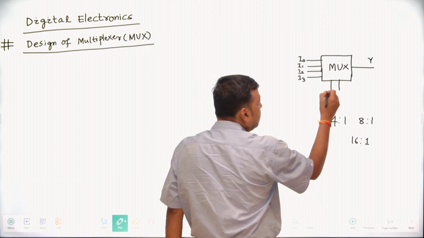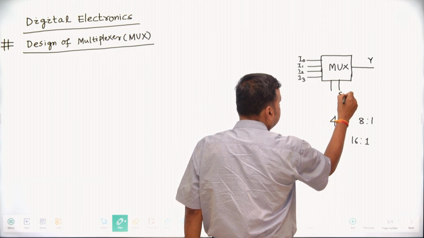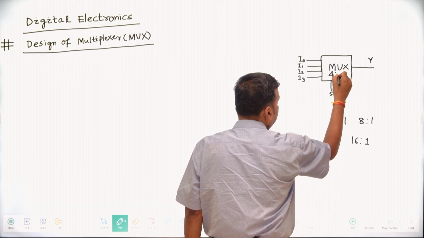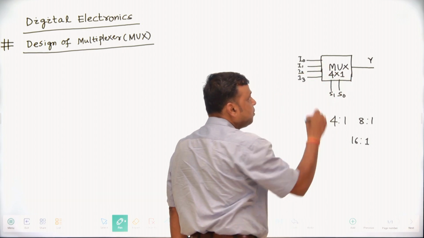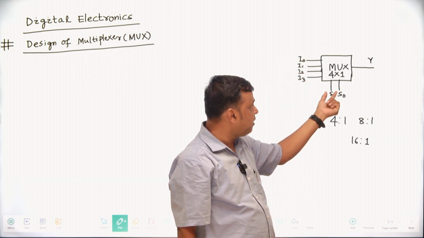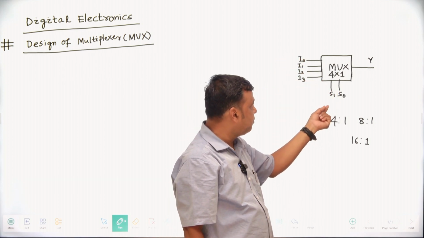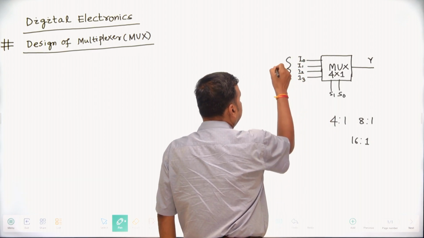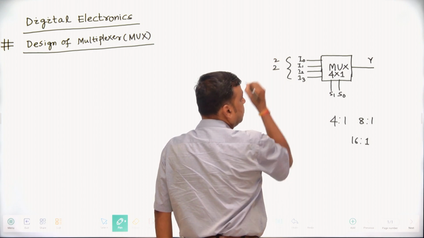This is your S0 and S1. In a 4:1 MUX, there are 4 inputs and only one output. With 4 inputs, the selector lines must be 2, that is, 2 to the power 2. If there are 2 selector lines, the input lines must be 2 to the power 2.